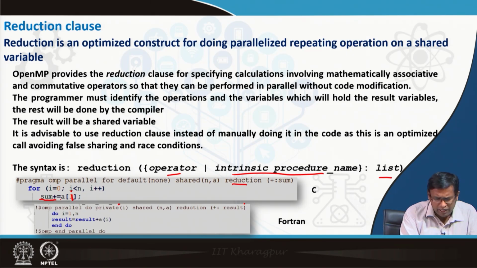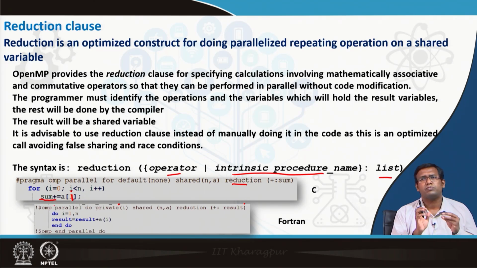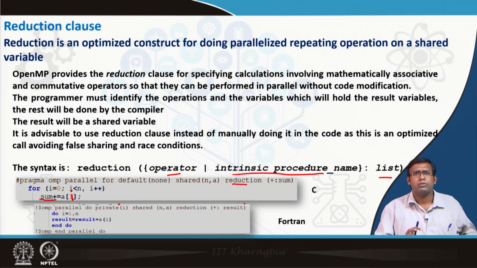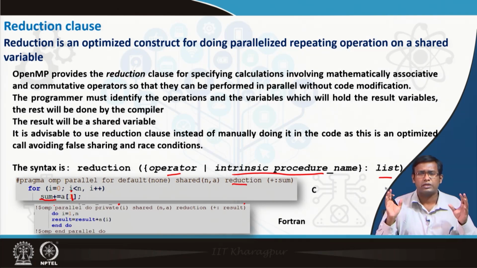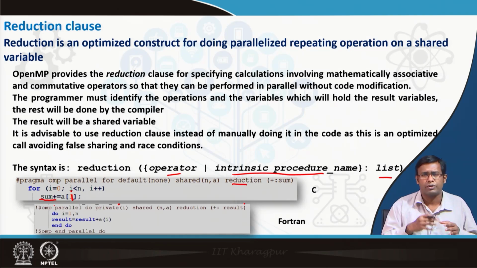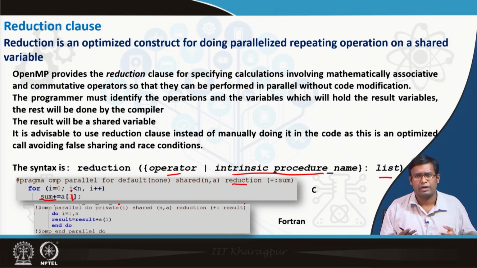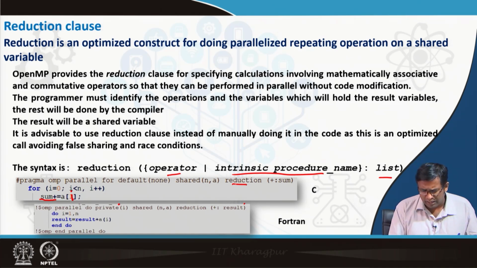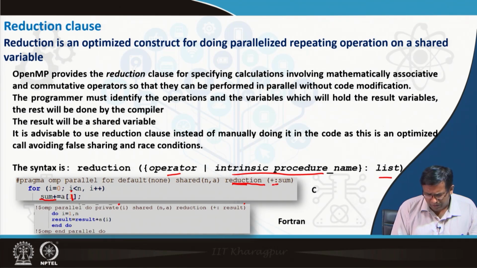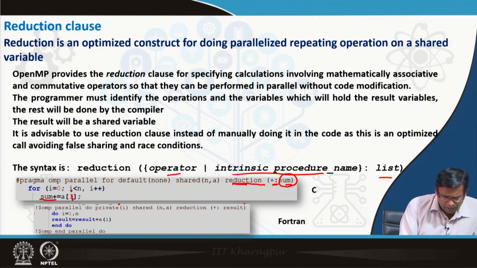If we just write this, each thread will try to find its own sum, but all threads will try to write to the same shared memory location, so we have to do something to take care of that. But if you just say that multiple threads are doing this sum, this is a reduction operation with addition of the data A[i], and the output variable is sum, then this is already taken care of.